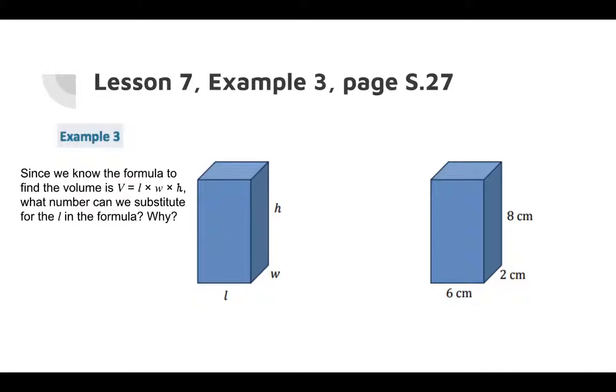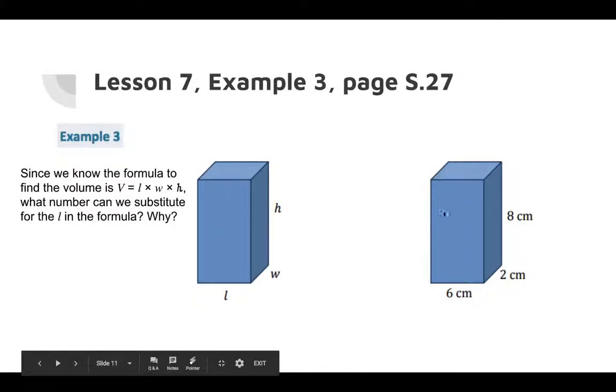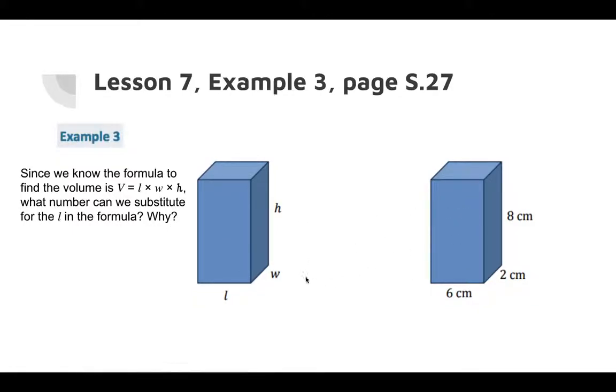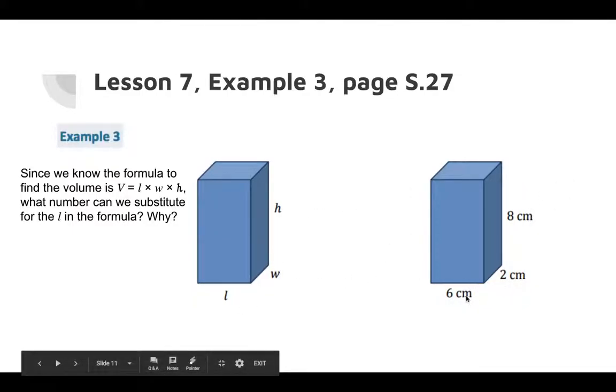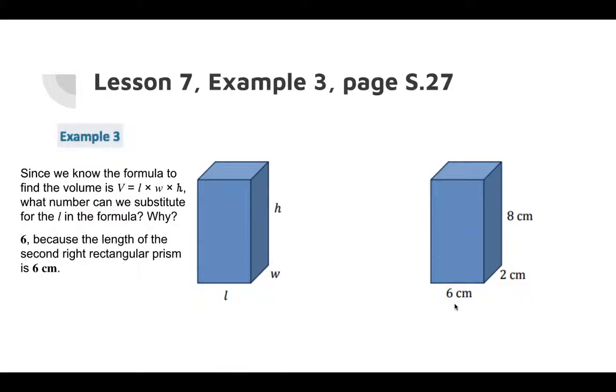What number can we substitute for the L in the formula? So remember, these two rectangular prisms are the same. This one gives us the letters L, W, and H, and this one actually gives us the numbers. So L correlates to this one. So 6, because the length of the second rectangular prism is 6 centimeters.